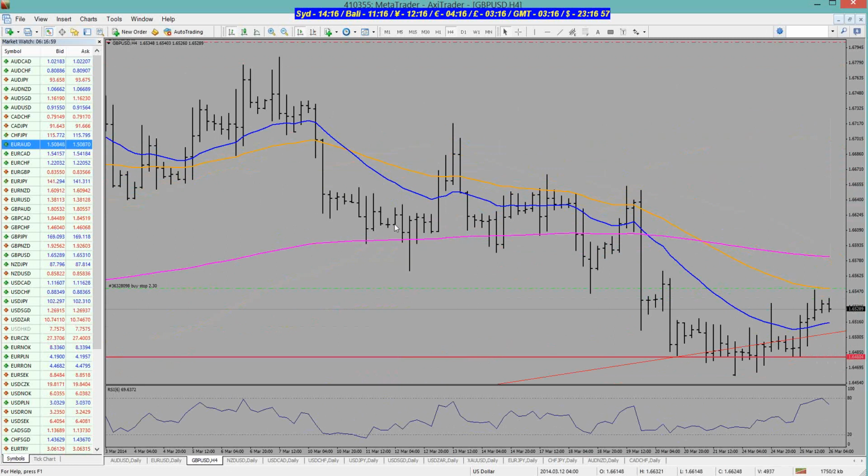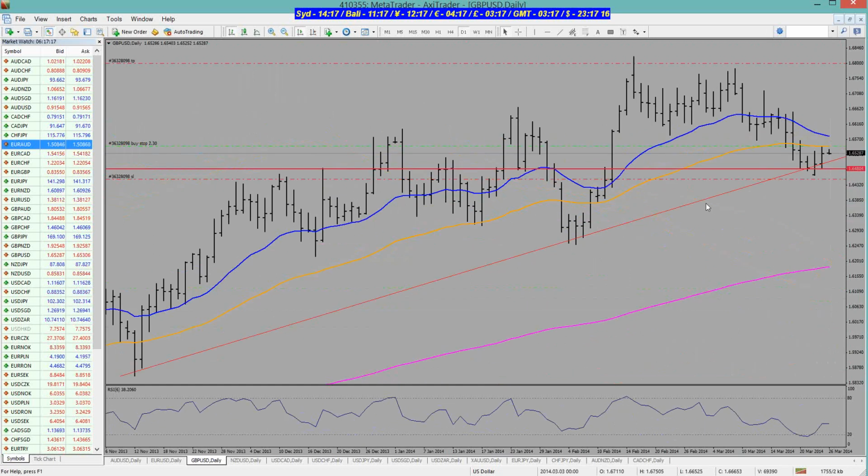Yeah. And I've discussed hidden divergence. If you look at the 4-hour there, you've got bearish hidden divergence. But the longer time frame is the stronger time frame. Okay. Aussie dollar recently.